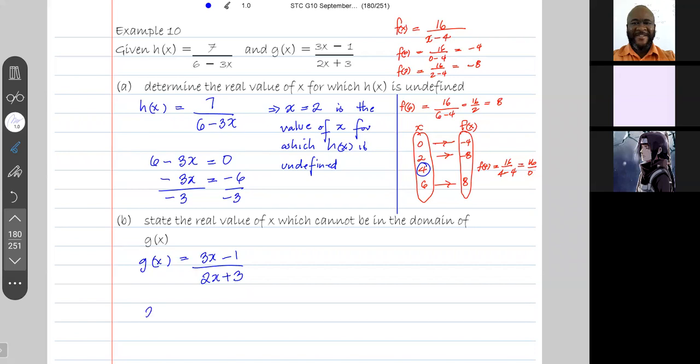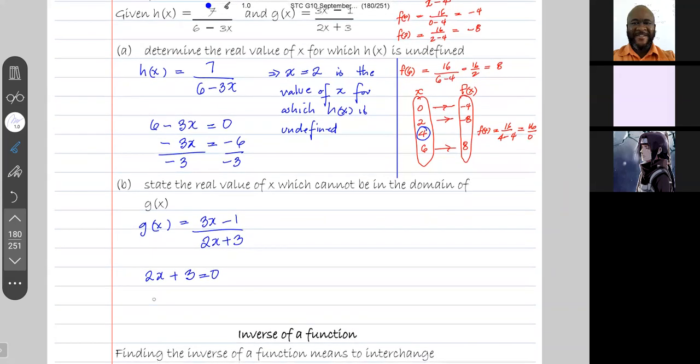So you're going to put 2x plus 3 is equal to 0. So 2x is equal to minus 3. Then you divide both sides by 2. And when you do, you're going to get x is equal to minus 3 over 2.